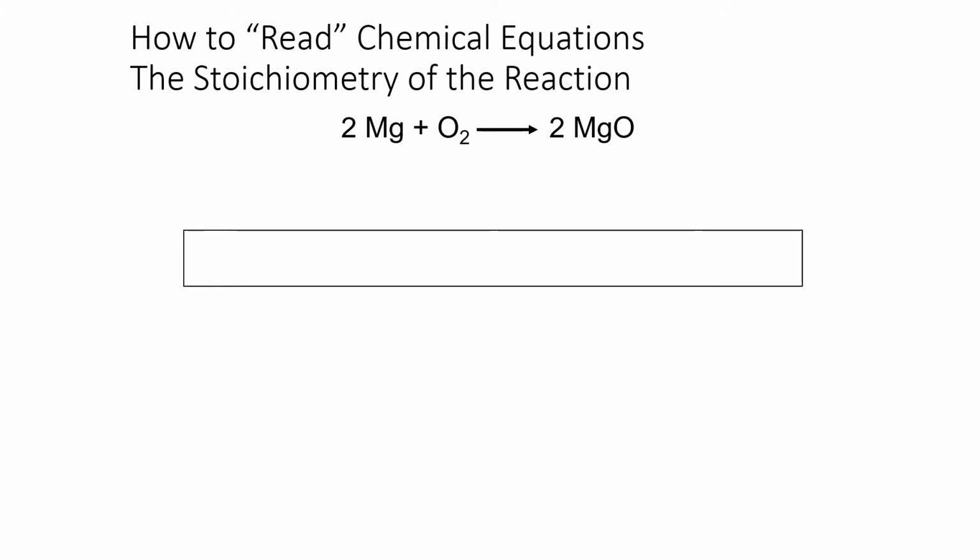So what do chemical reactions or equations tell us? Now we're going to talk about how we read this. I already said this somewhat in the previous slide, but here we have a chemical equation.